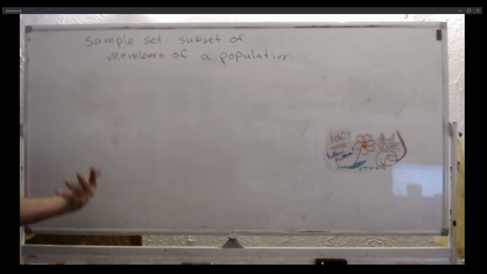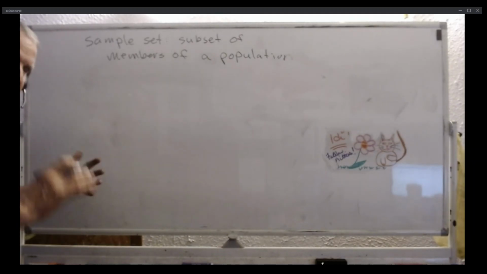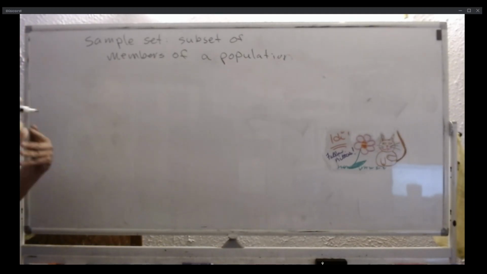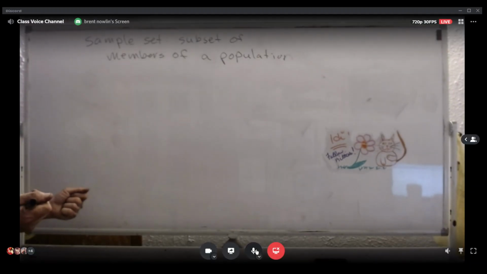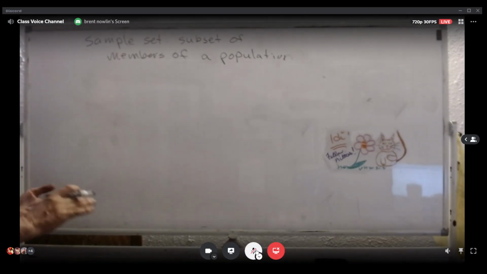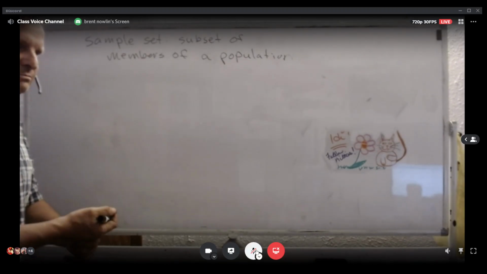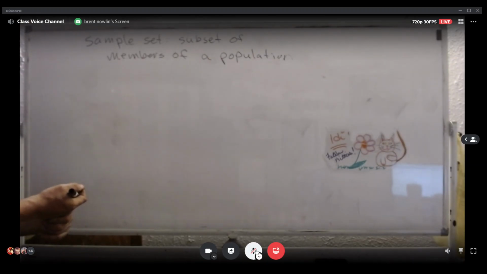Whereas a census is everybody; we get data from everybody in the population. Does that make sense? Now, you're probably asking yourselves, if it's less accurate, I mean, data from only half the people in a group is not as accurate as data from everybody in the group, right?